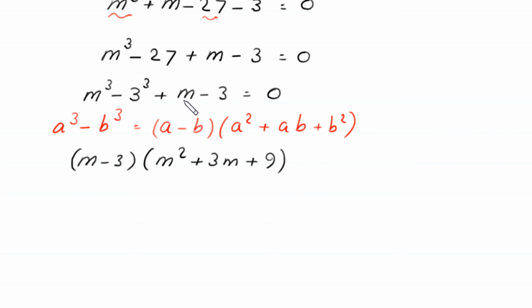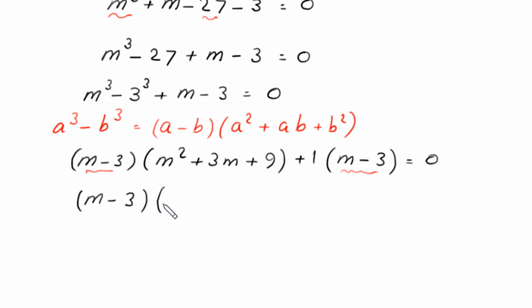And from these two terms we can factor out plus 1. In bracket left, m minus 3 is equal to 0. Now this m minus 3 and this m minus 3 is a common factor. So we factor out this m minus 3, and in bracket left this m squared plus 3m plus 9 and this plus 1.